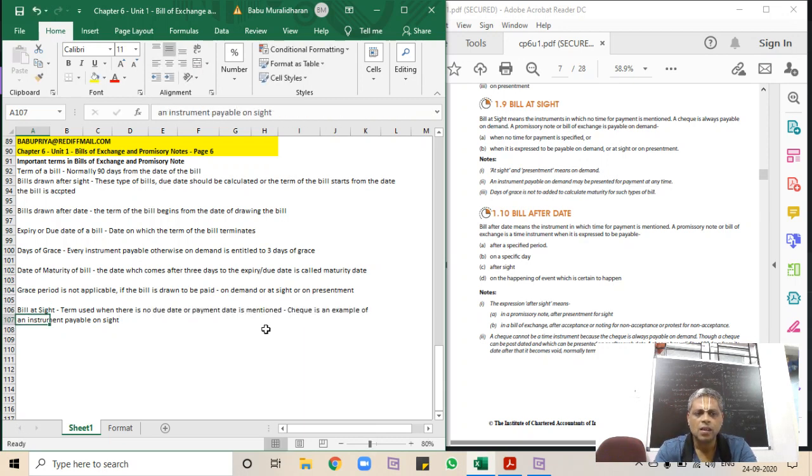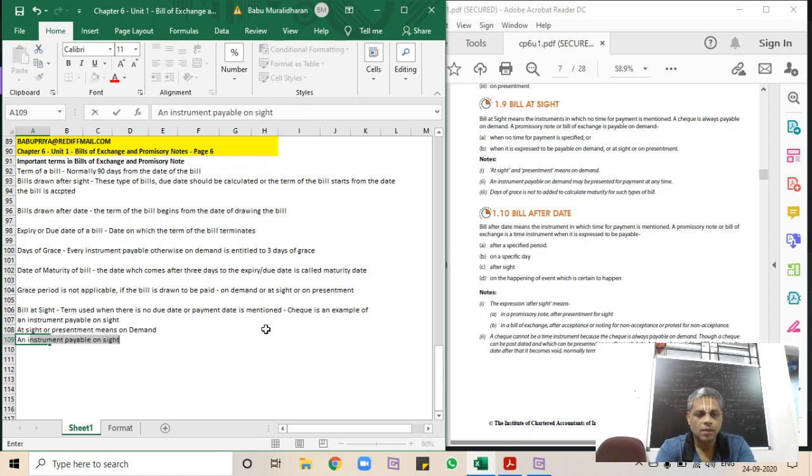And a promissory note or bill of exchange is payable on demand when no time is specified, or when it is expressed to be payable on demand or at sight or on presentment, if it is specifically mentioned. That's what we saw. At sight means presentment, or presentment means on demand.